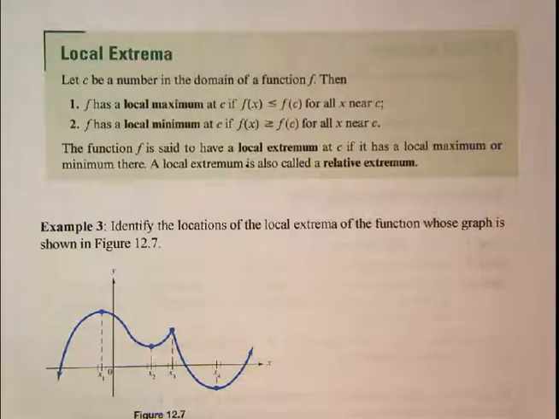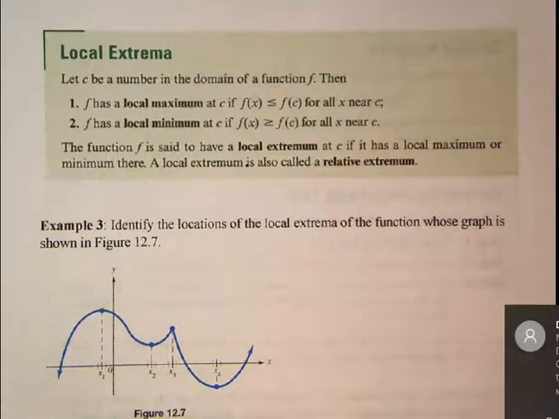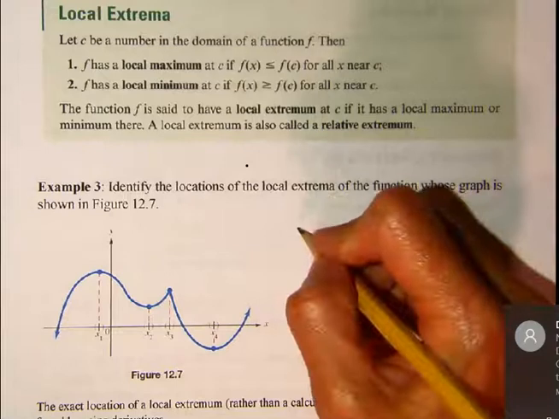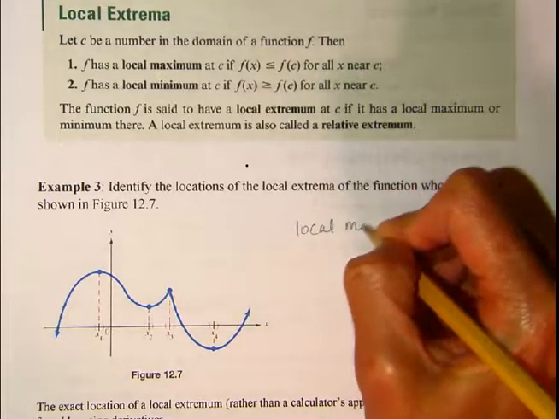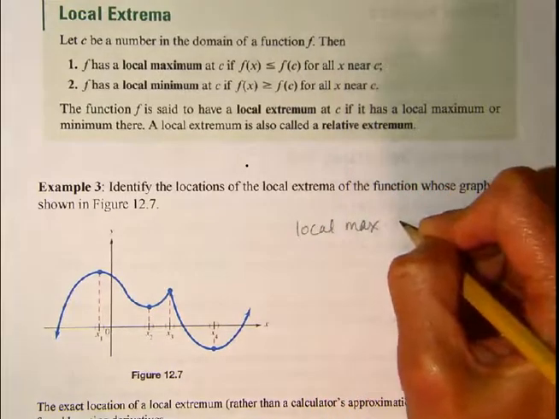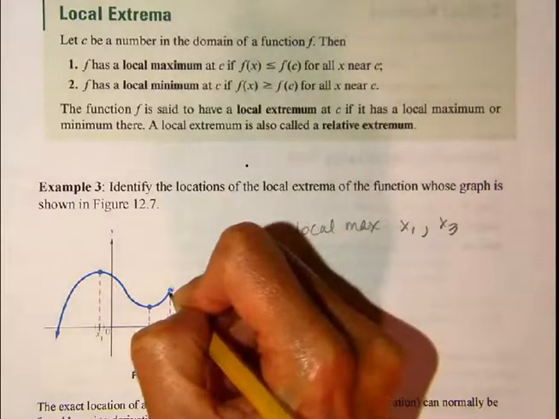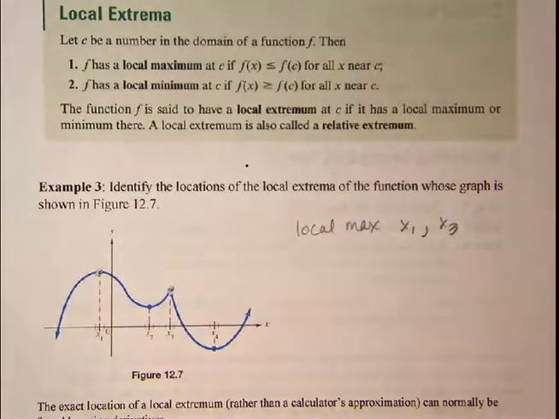You identify the locations of this by looking at this picture. So notice it's obvious that the local maximums, or local max, would be what? x sub 1 and x sub 3, this point and this point, right? Those are your local maxes.